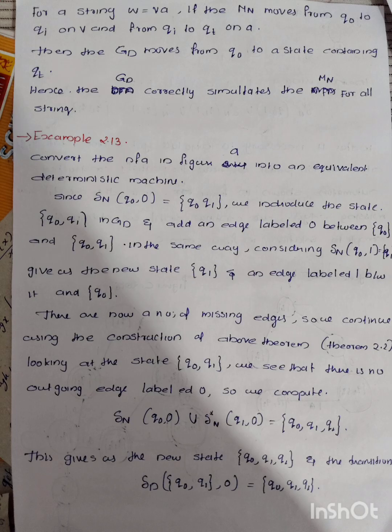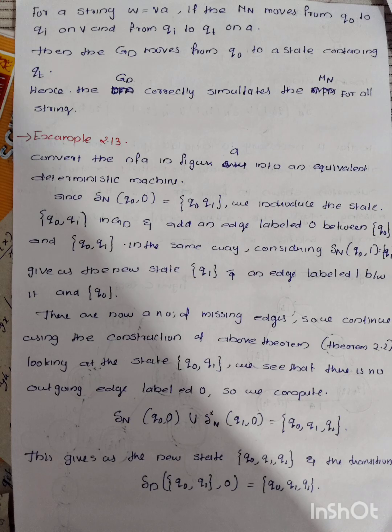Next, example 2.13. Convert the NFA in figure A into an equivalent deterministic machine. Since δn(q0, 0) = {q0, q1}, we introduce the state {q0, q1} in GD and add an edge labeled 0 between {q0} and {q0, q1}.